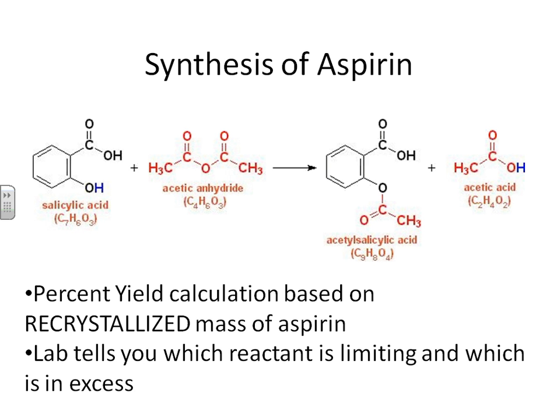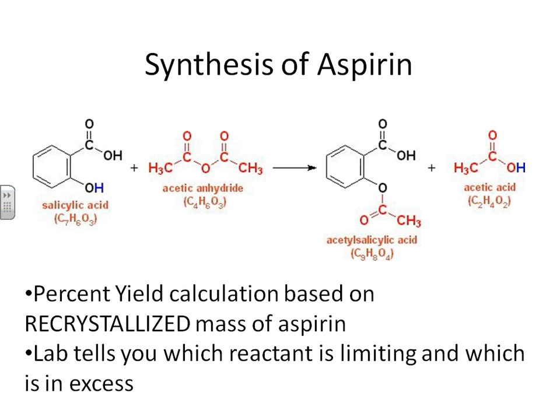Now, for the synthesis of aspirin, for that first part, this is the reaction showing the synthesis of aspirin. Salicylic acid plus the acetic anhydride makes acetylsalicylic acid plus the acetic acid. The only calculation that you need to do for this portion of the lab is a percent yield, mass of what you actually got over mass of what you theoretically should have gotten stoichiometrically.